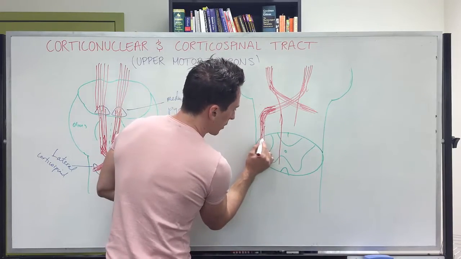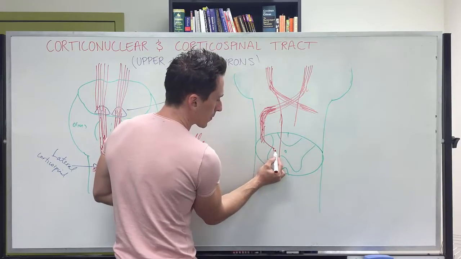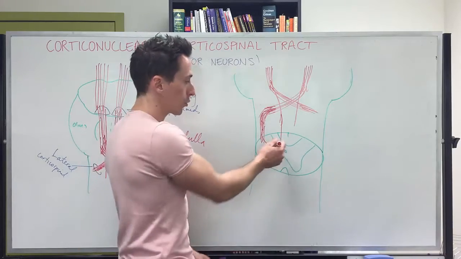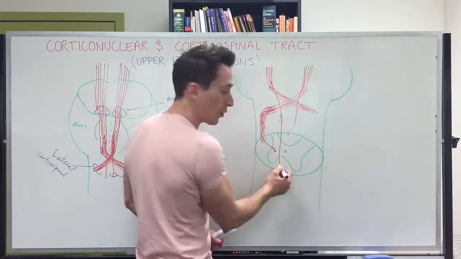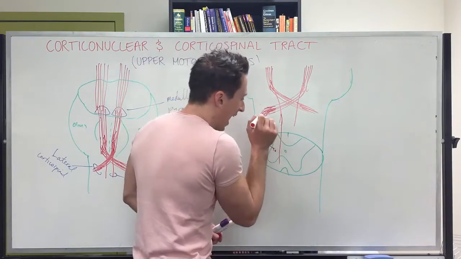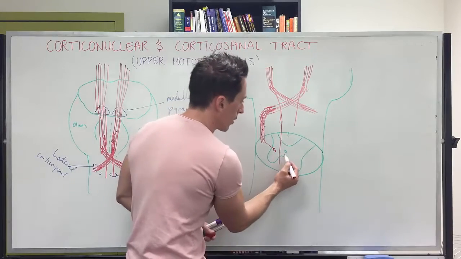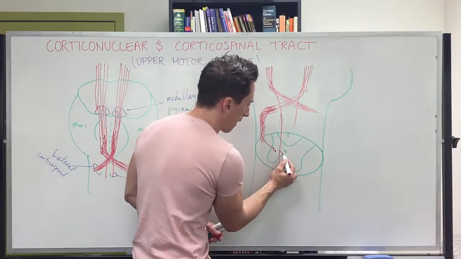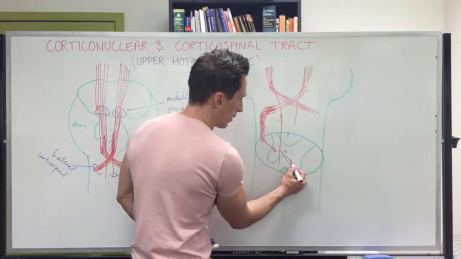They're going to come in and they're going to synapse with neurons at the lateral aspect of the grey matter. And you're going to see that these anterior corticospinal tracts, at the level in which they need to come out and talk to that muscle to tell it to contract, that's where it decussates, that's where it crosses over and goes to the other side and talks.